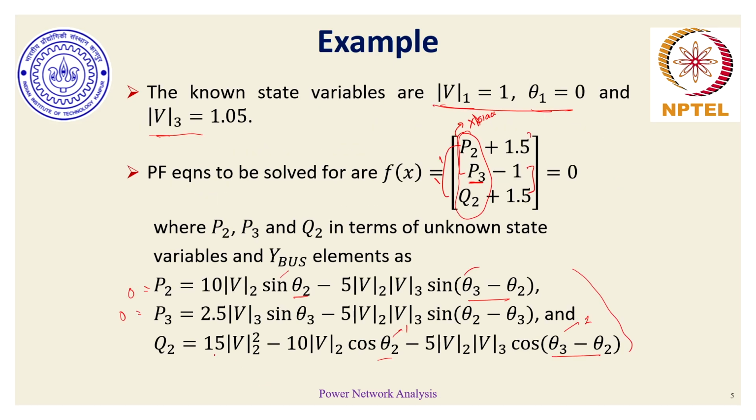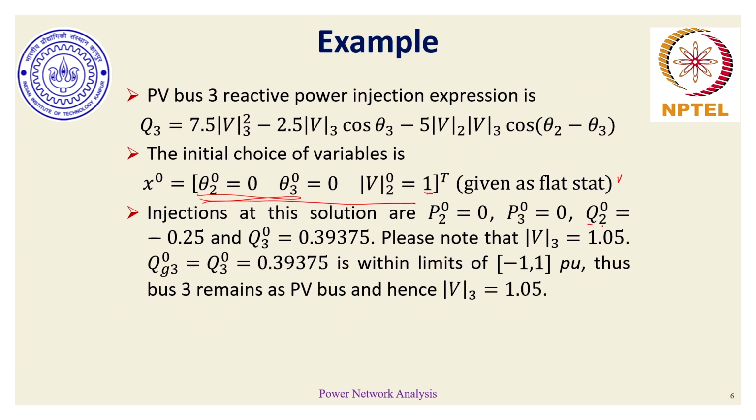So essentially this term is 15, here we have minus 10, and here we have minus 5 into 1 into 1.05 and not 1 per unit. So basically this Q2 value is 15 minus 10 minus 5.25, which is minus 0.25, which is what is shown over here in terms of Q2 0.